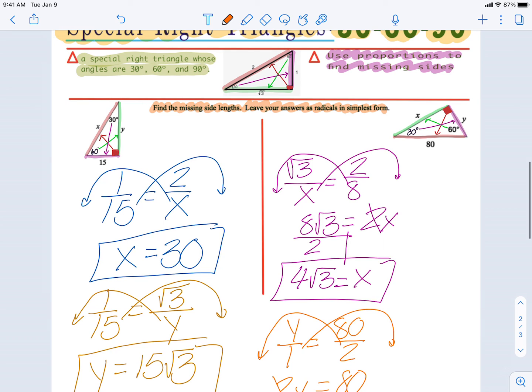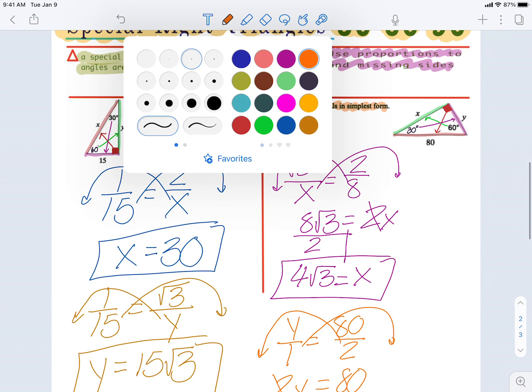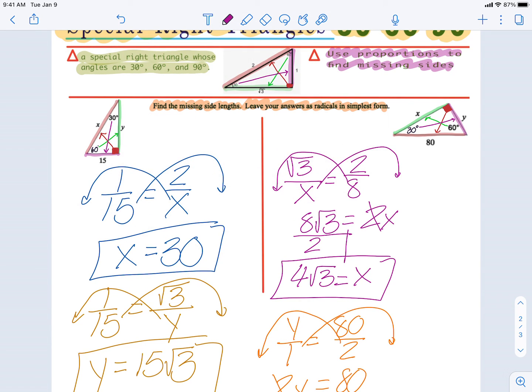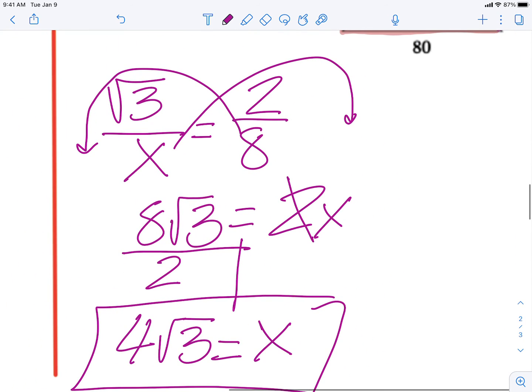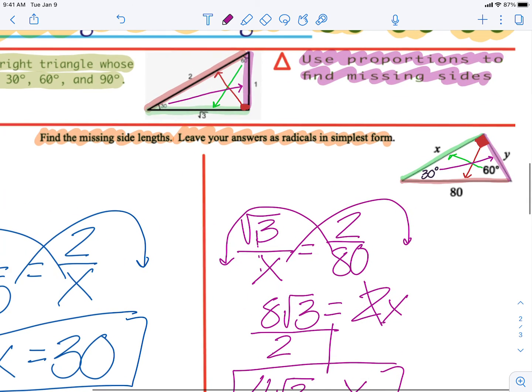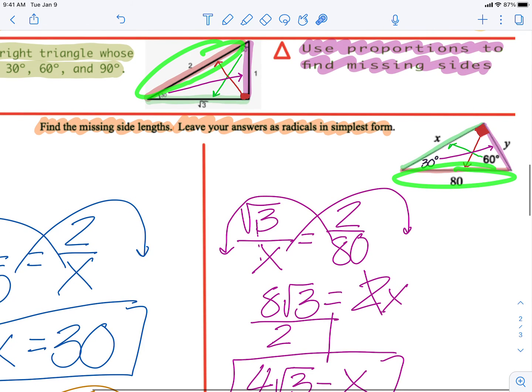Look what I did. I bet you guys are wondering, Mister, why did you get 2 over 8? I made a mistake. 2 over 80, kiddos. That should be 2 over 80, not 2 over 8. It is red over red, 2 over 80.